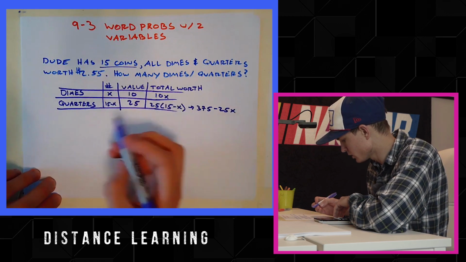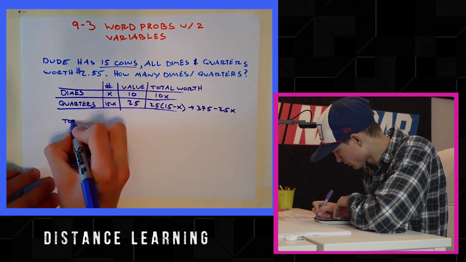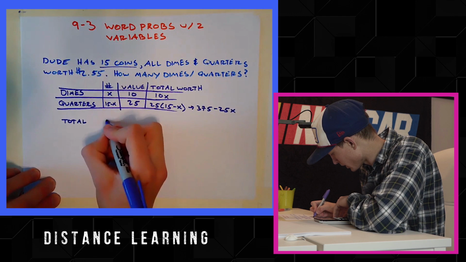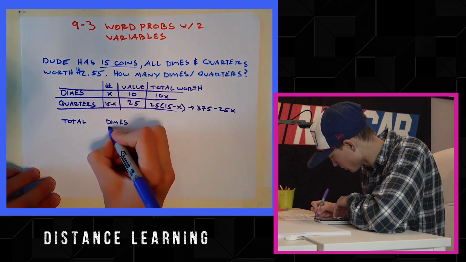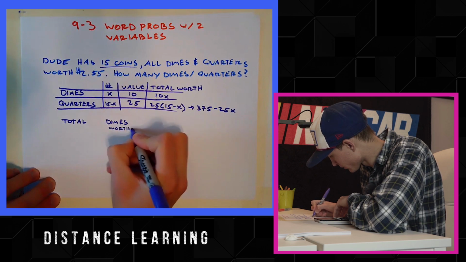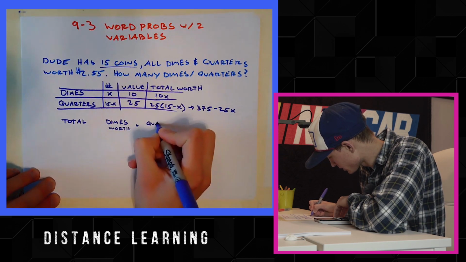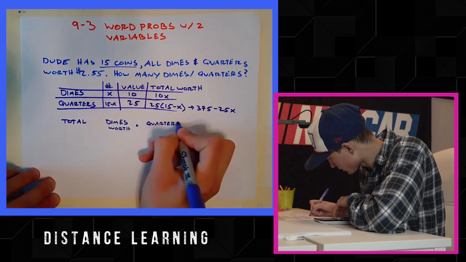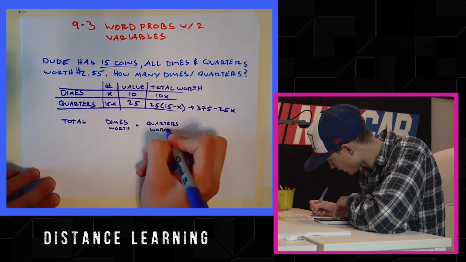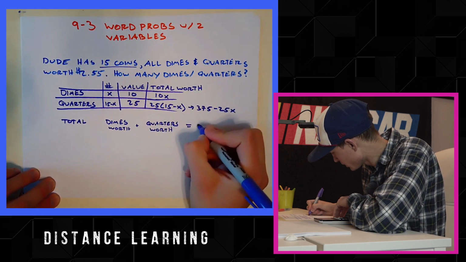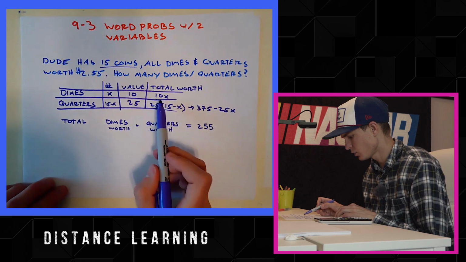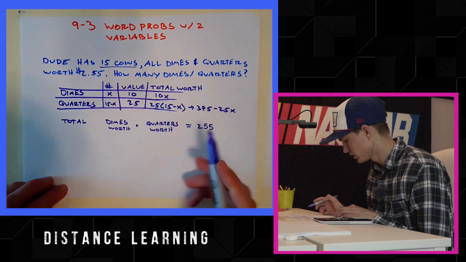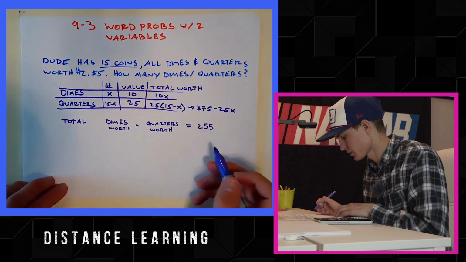So in total, my dimes value or worth plus quarters worth needs to equal $2.55. However, we just did total cents. We didn't do 0.10. So 255 cents.